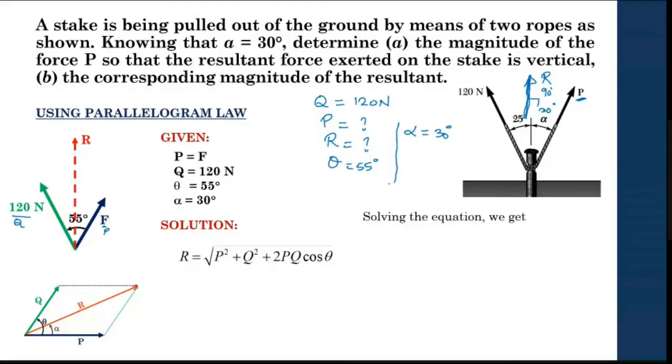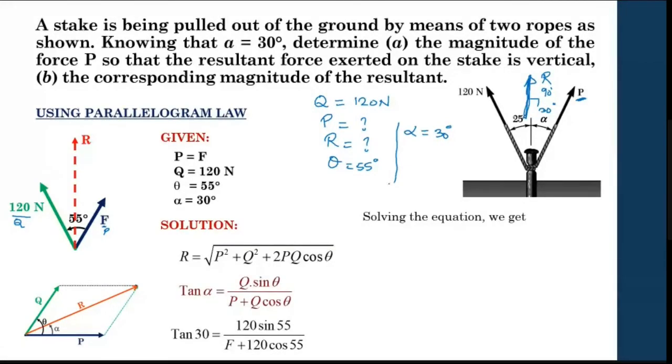Now we'll solve this using the formulas. R is the root of P square plus Q square plus 2PQ cos theta. Since I know the value of alpha, I'm going for that first. So tan alpha is equal to Q sin theta divided by P plus Q cos theta. In this, alpha is 30 degree.